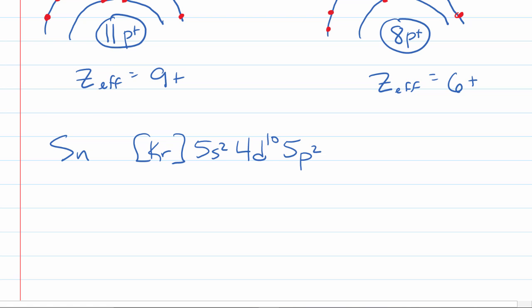Now tin forms two ions. Anybody know what the two charges of tin are? 2 plus and 4 plus. Exactly. Now to get the configuration of the ions, the highest energy electrons are always removed first. So if we get 2 plus, what is the highest in energy between the 5s and the 5p?